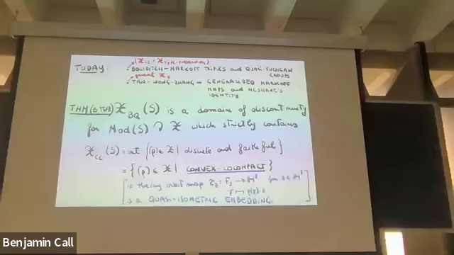So what they really prove is that it strictly contains the set of convex cocompact representations.